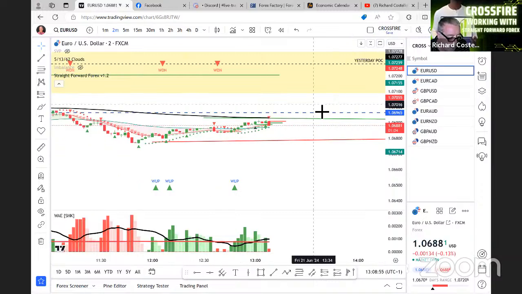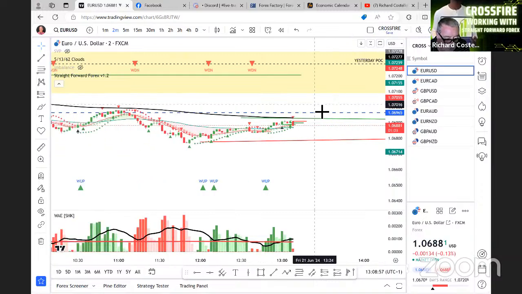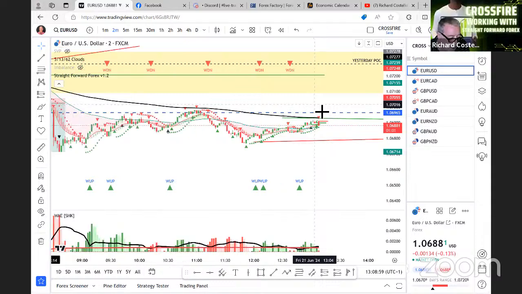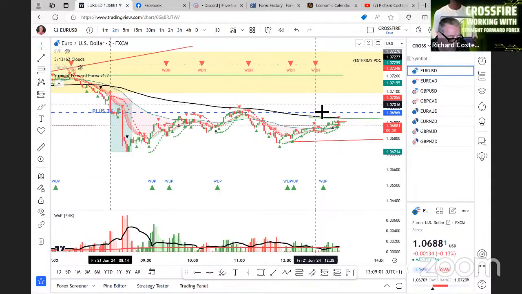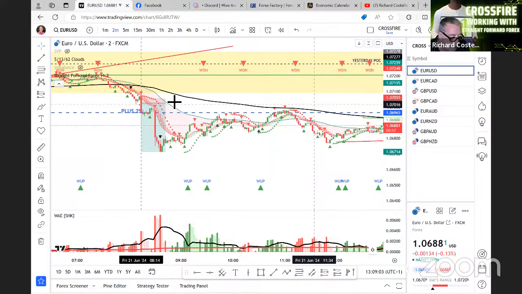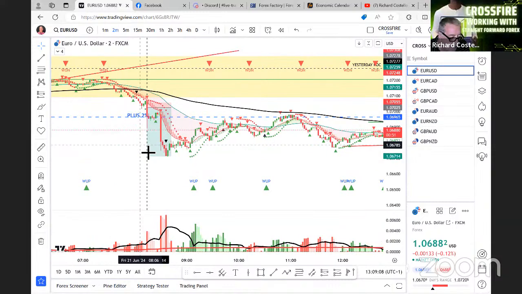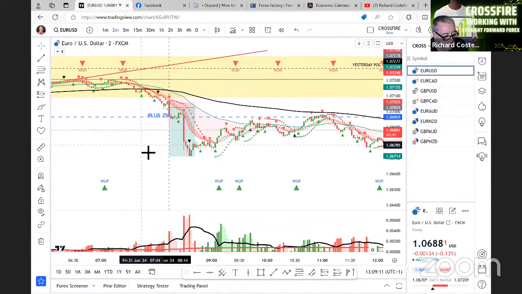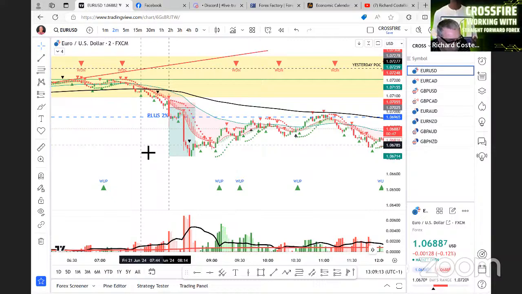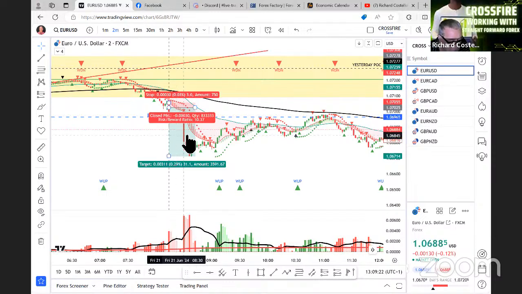Now, I didn't actually take any trades this morning, any live trades. So this is really just backtesting, looking back at what happened. I've marked it up, and I have to say that it looks quite impressive. However, the beginning of that move was at 8:15, I believe, and the beginning of that move was at 8:30.